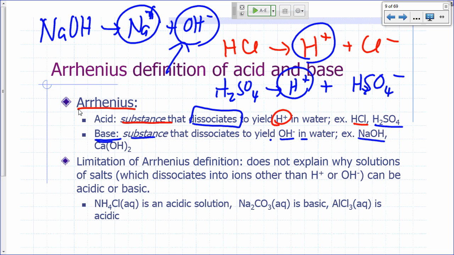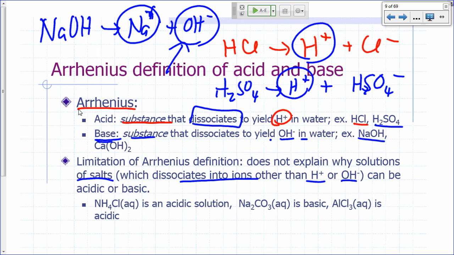Now, the limitation of this definition is that it doesn't explain why solutions of salts can be acidic or basic. Salts are ionic compounds that dissociate into ions other than H plus or hydroxide. So if an ionic compound dissociates in water, and the cation is not H plus and the anion is not hydroxide, we call that a salt.